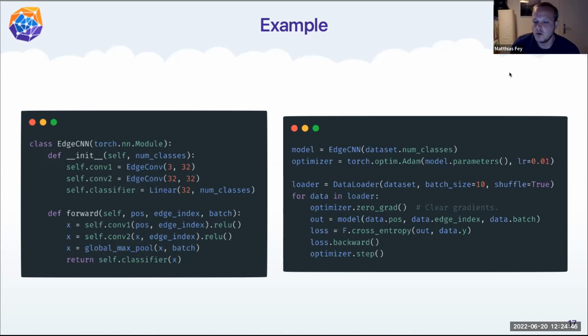You compute the forward pass of your model. You compute the loss based on the predictions of the model and the ground truth labels. You apply your backward propagation, which gives you gradients for your parameters, and then apply the final step call, which updates the parameters according to the gradients.